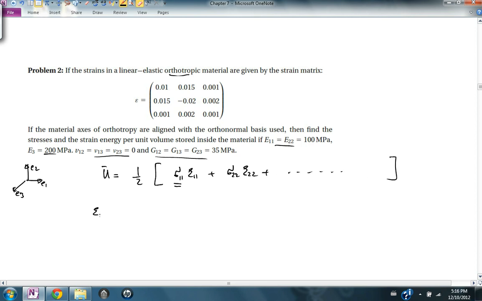I know that epsilon 1 1 is equal to sigma 1 1 over E11 minus Poisson's ratio sigma 2 2 over E22 minus Poisson's ratio 3 1 sigma 3 3 over E. So this is from orthotropic stress strain relationships.